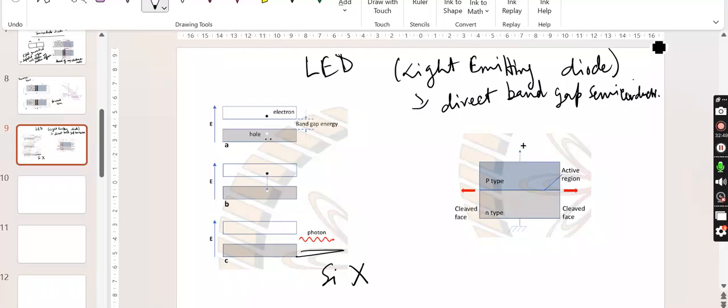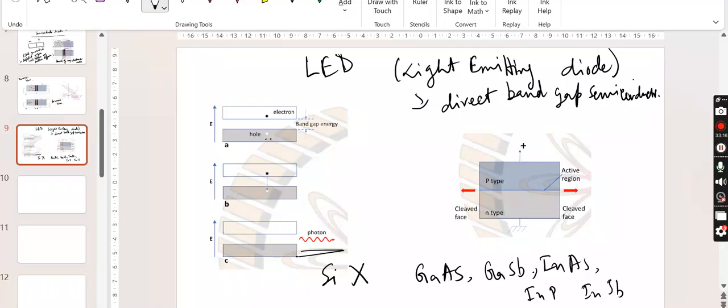So for that, we need a direct bandgap semiconductor, and examples of direct bandgap semiconductors are gallium arsenide, gallium antimonide, indium arsenide, indium phosphide, and indium arsenide.